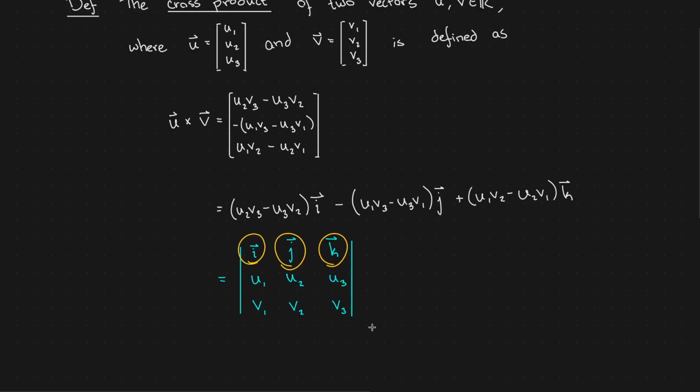You cannot put vectors as the components of a matrix. So we're kind of abusing the notation here to get a mnemonic device to help us remember how to take a cross product. So it's not a true matrix, it's not a true determinant, but the rules for taking a determinant can be used here to help us remember how to take a cross product.